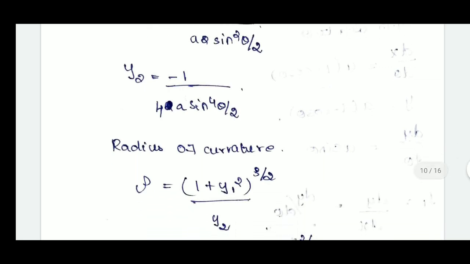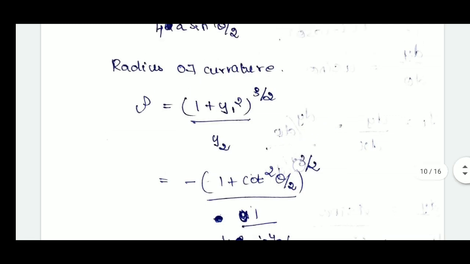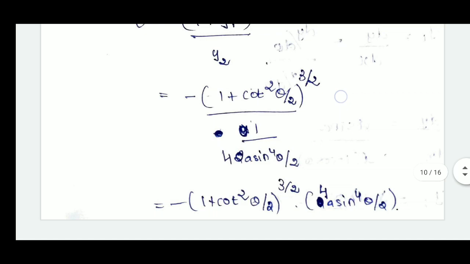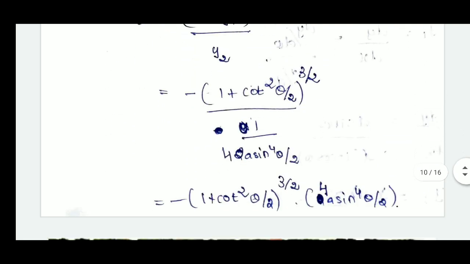Radius of curvature rho equal to 1 plus y1 square the whole raised to 3 by 2 by y2. Instead of y1 we write cot theta by 2, the whole raised to 3 by 2, where the result for y2 is minus 1 by 4a into sin raised to 4 theta by 2.